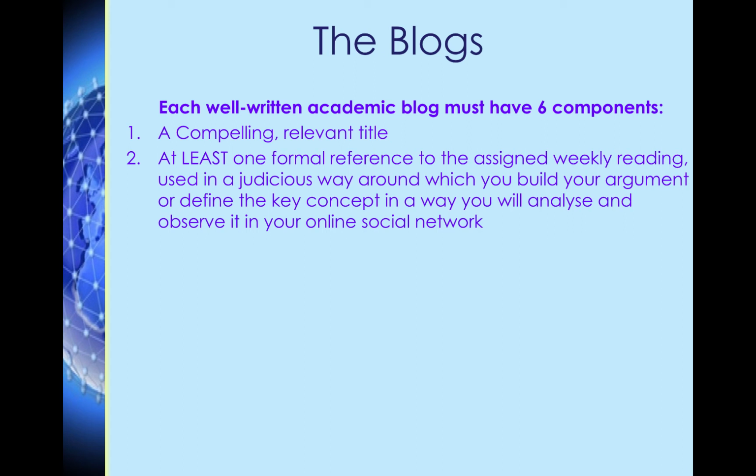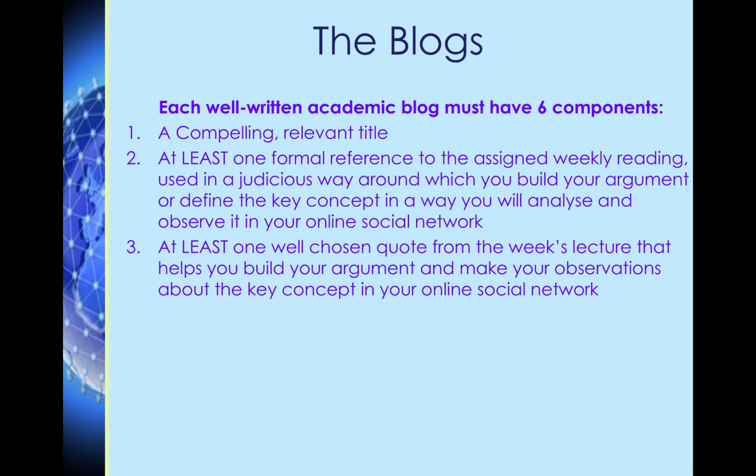So you're going to define power, for example, with reference to something in your reading. And you can quote from your reading and you can paraphrase from your reading, but you need to cite. You can also, of course, reference the blog that week.